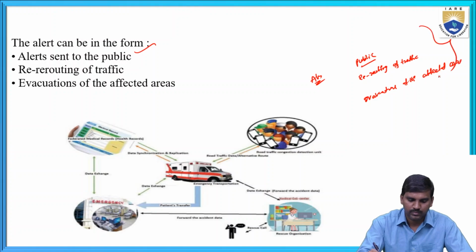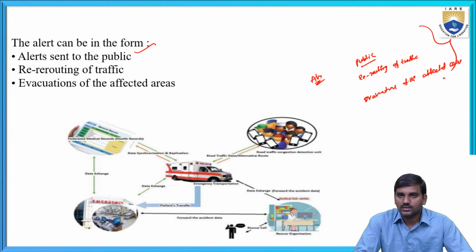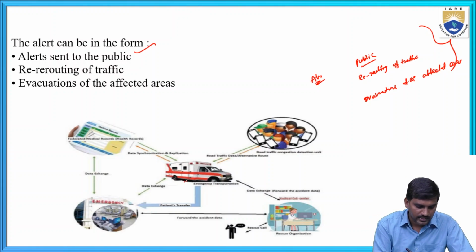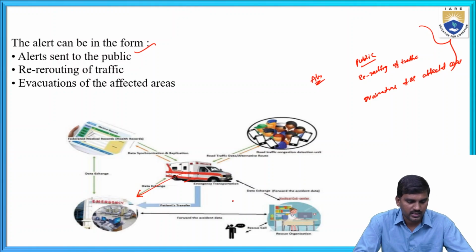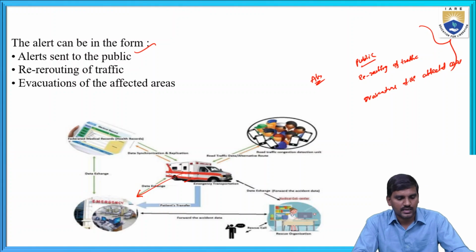So the alerts can be passed to the public, for rerouting of traffic, and evacuation of affected areas. This is just an ambulance. The alerts can also be sent to different areas, the medical department, doctors, and other emergency responses like that.